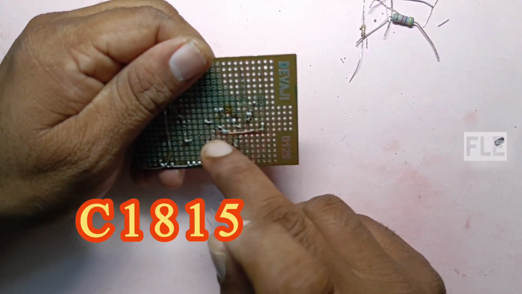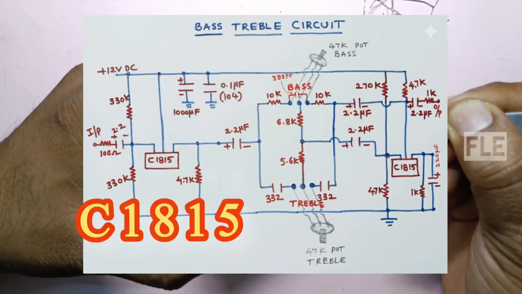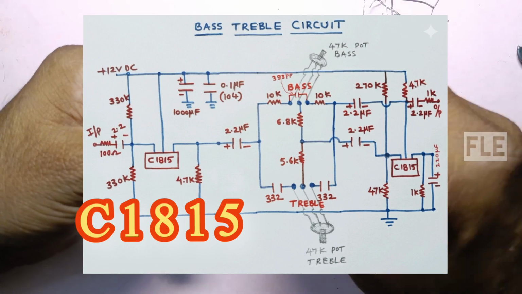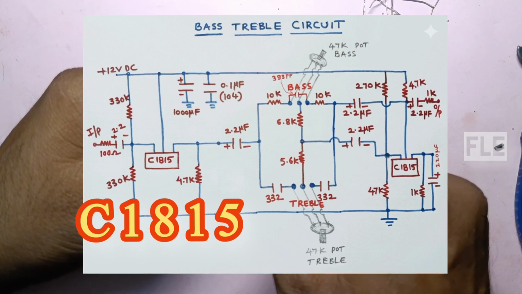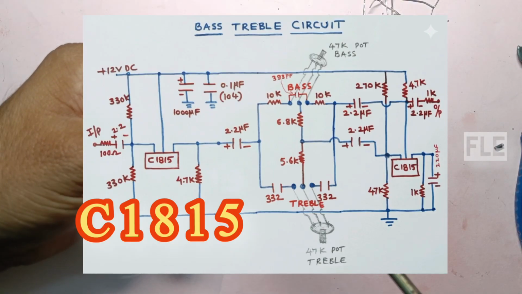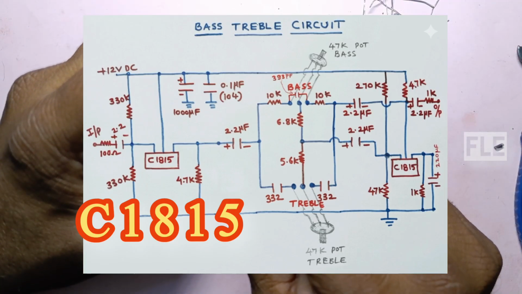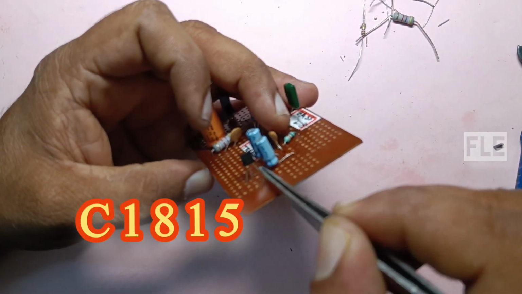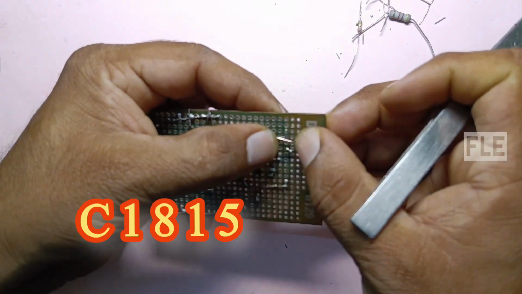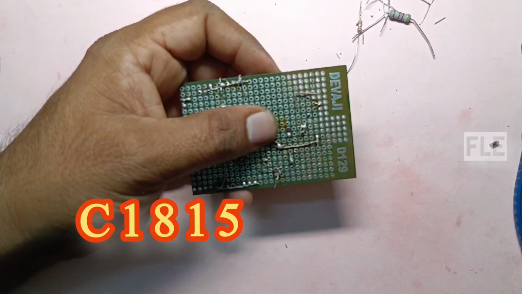Now place the second C1815 transistor. According to the circuit diagram, the 2.2 microfarad negative terminal is connected to the base terminal of the C1815 transistor.